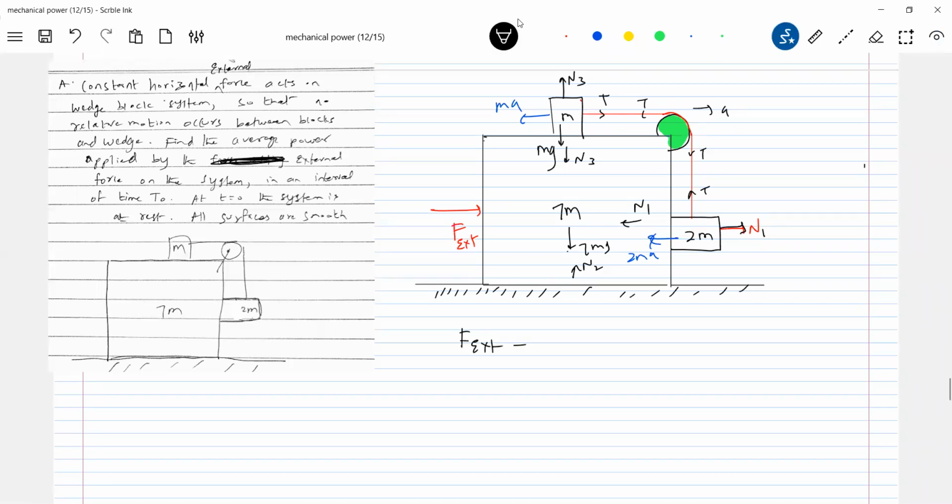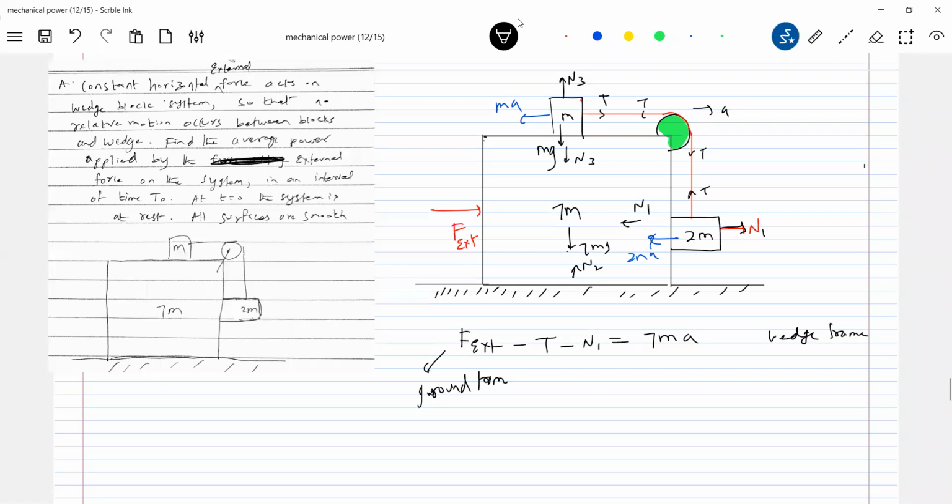F external. What force acts on the pulley is also acting on the wedge: T minus N1 equals 7M into a. Then what is N1? This is what you write in the ground frame.